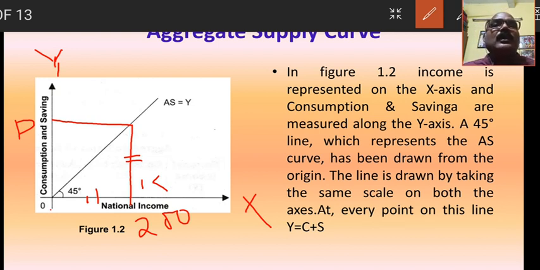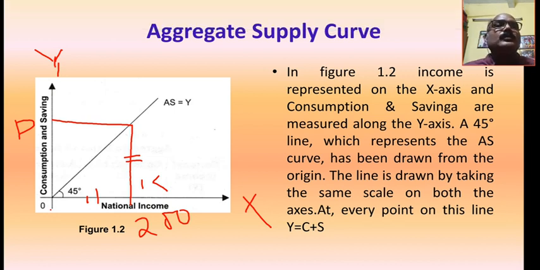That's why in the Keynesian model the aggregate supply curve starts from the origin making an angle of 45 degrees.